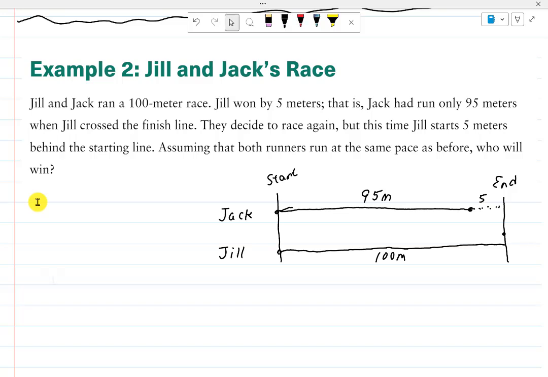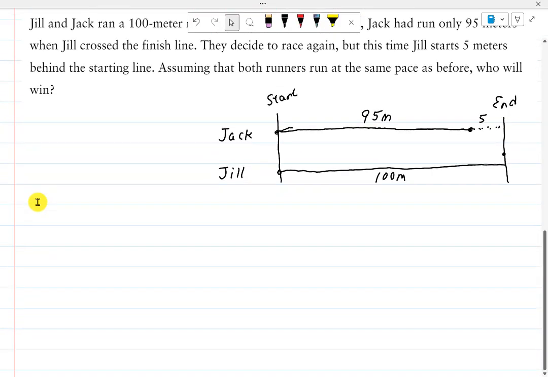So what they're going to do now is move Jill back 5 meters. So the new look will be like this. Jill will start back here, and Jack will start on the start. All right, now here's the end.